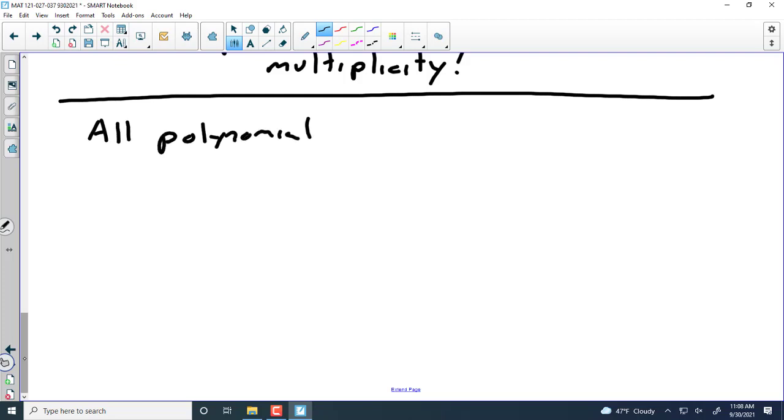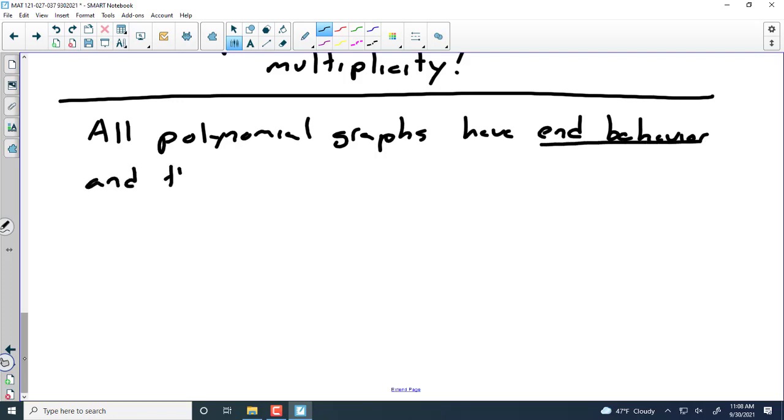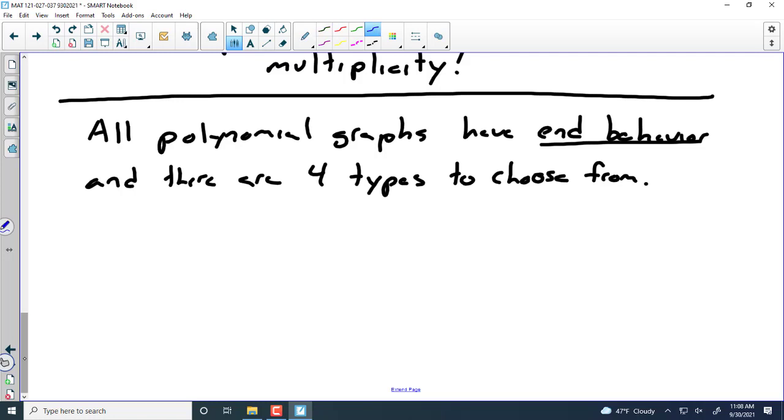All polynomial graphs have end behavior, and there are 4 types to choose from. End behavior refers to what the graph eventually does as you go far enough left or far enough right.